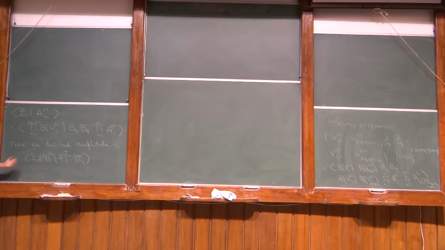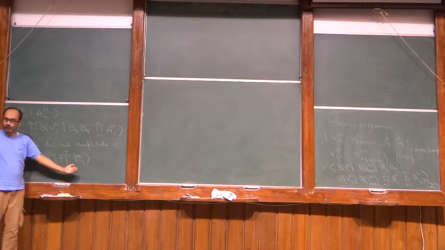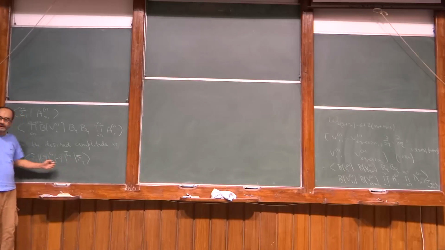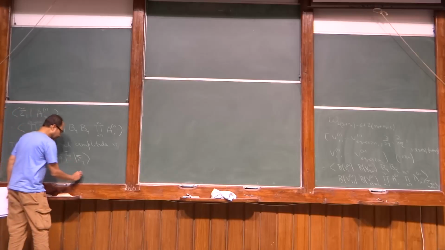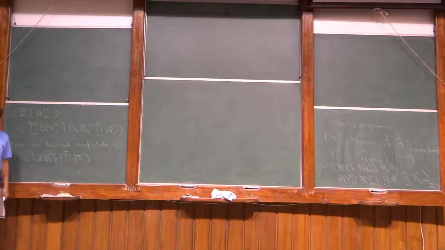If you think of the ghost number of sigma 1 tilde and sigma 2, this is a 2-point function on the sphere, so the total ghost number should be equal to 6. The total ghost number of sigma 1 tilde plus sigma 2 should be 6.